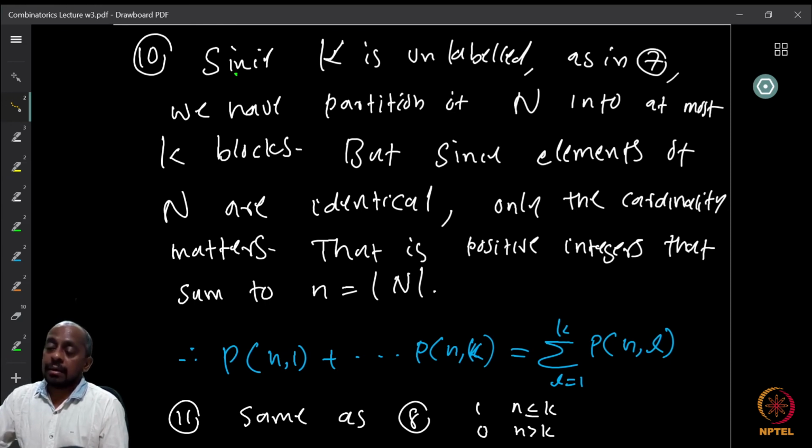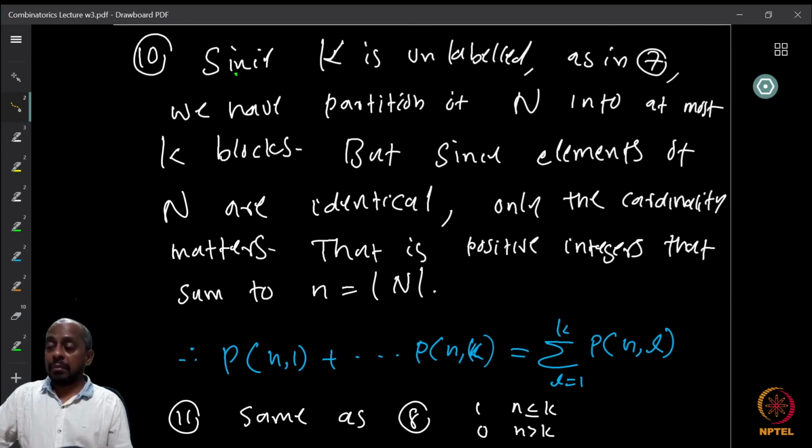And what is the 11th question? Well, 11 is as we said in the case of 8. When the boxes are unlabeled, there is precisely one way to do it when n is less than or equal to k, and 0 ways if n is greater than k. The same thing holds here because it doesn't matter whether the balls are labeled or unlabeled.